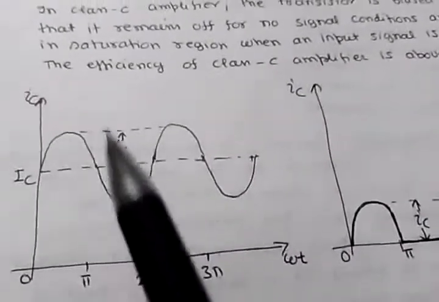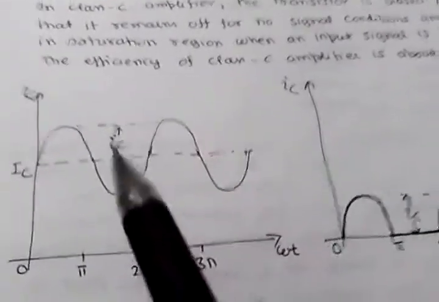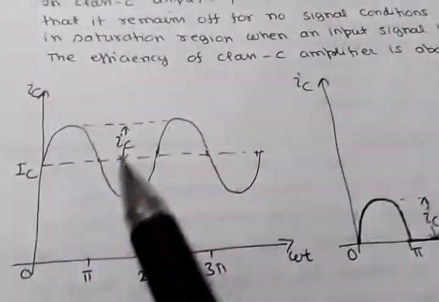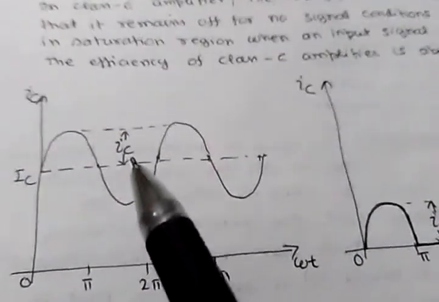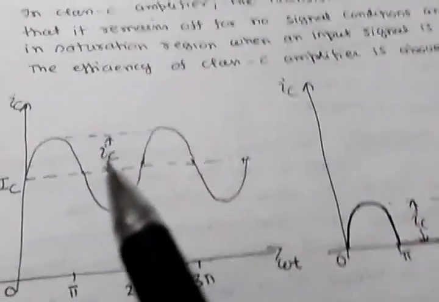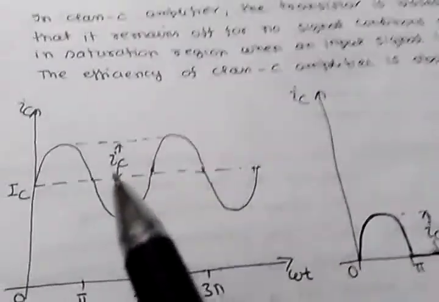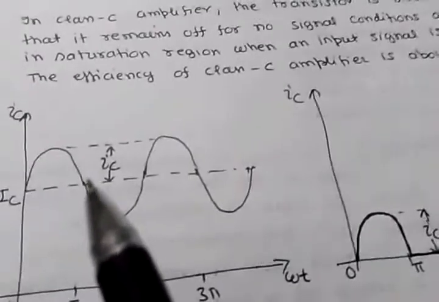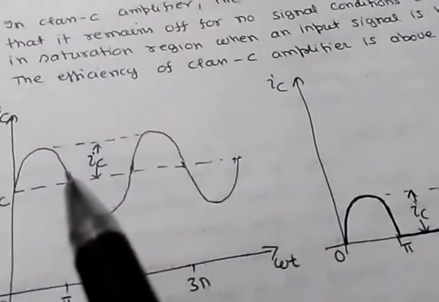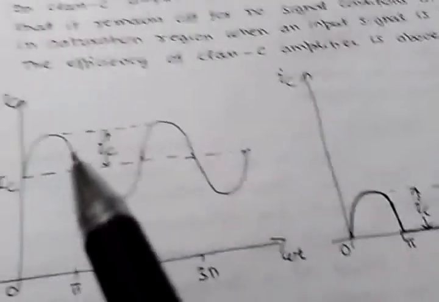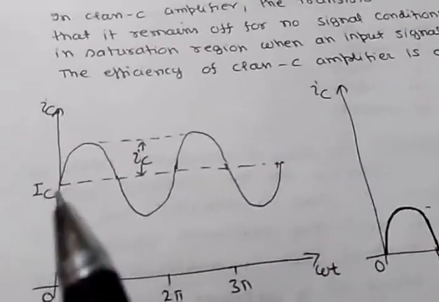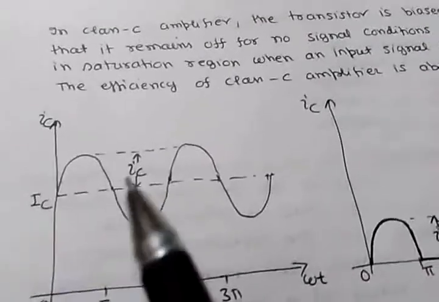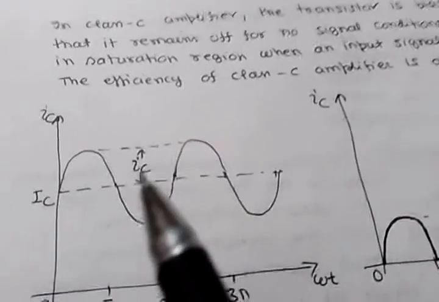And this is the sine wave. Here small IC is the amplitude of this sine wave, the signal collector current. This collector current, small IC, is the collector current due to the input signal. So total collector current will be this zero signal collector current capital IC plus signal collector current small IC.